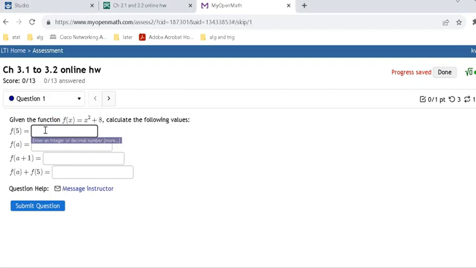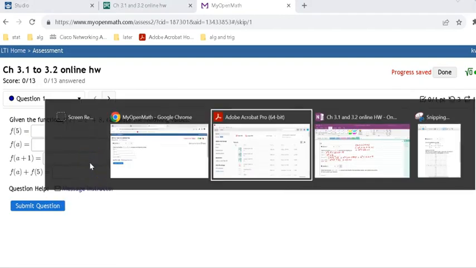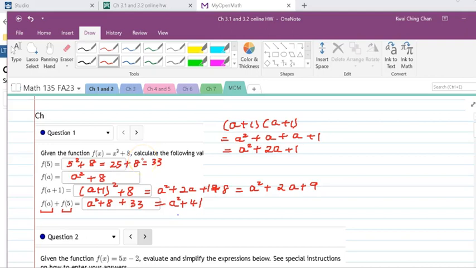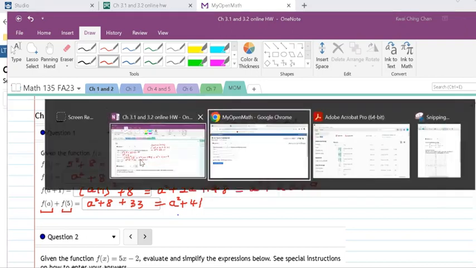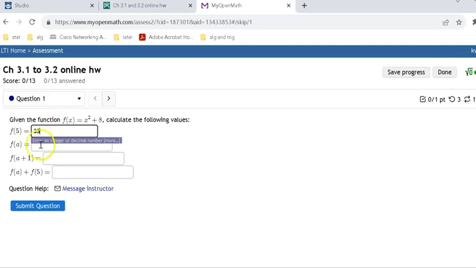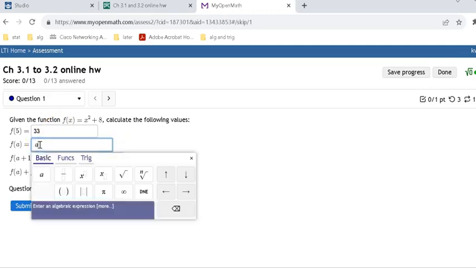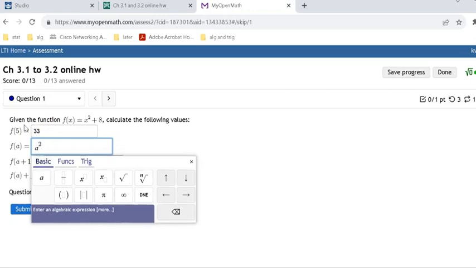All right, okay, go back. What was the answer? 33. This is 33. This is a squared plus 8.